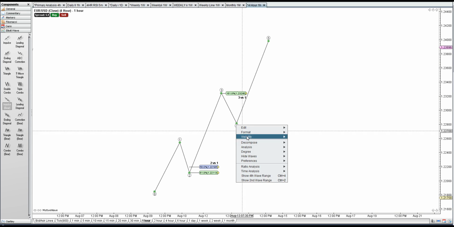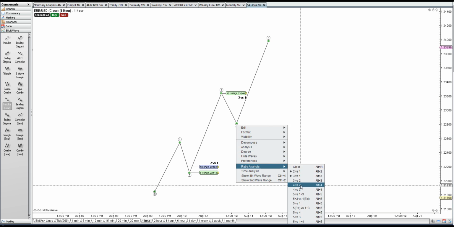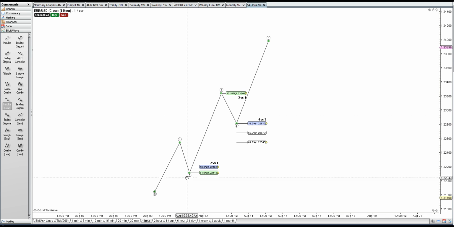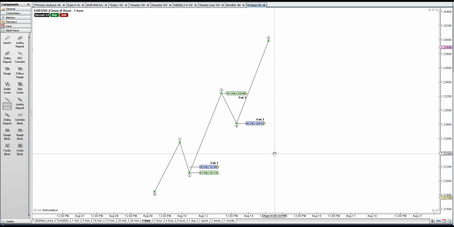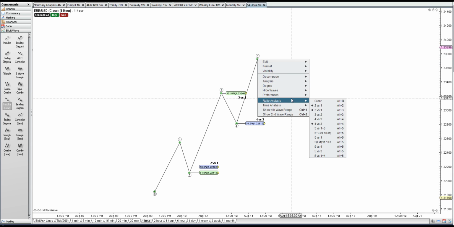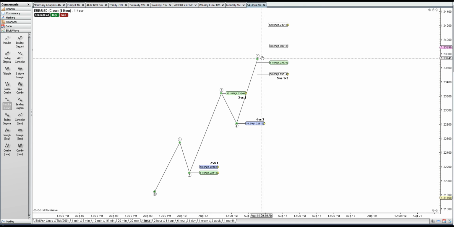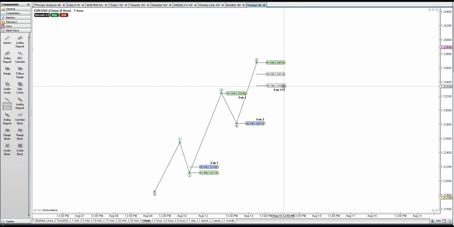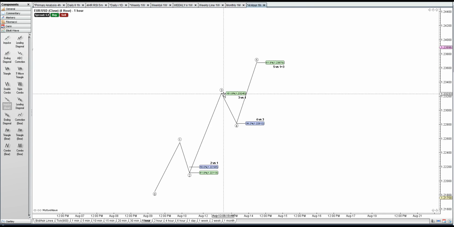Wave 4 is usually 38.2% of wave 3. And wave 5, the most common measurement is wave 5 versus waves 1 through 3, and it's usually 61.8% of waves 1 through 3.